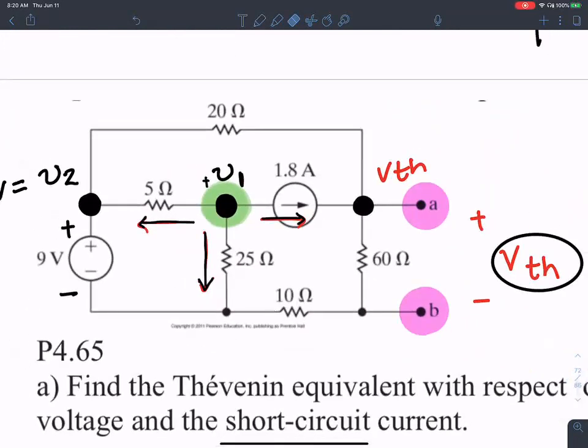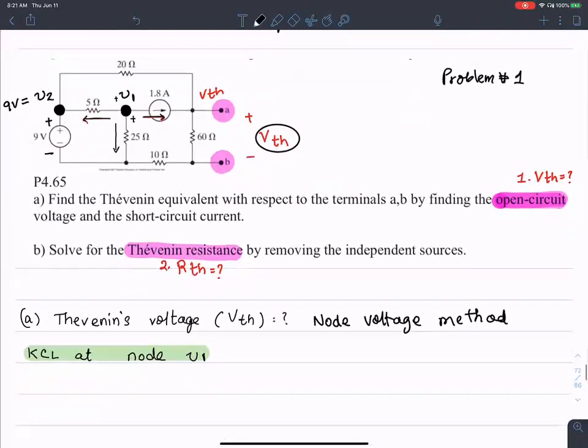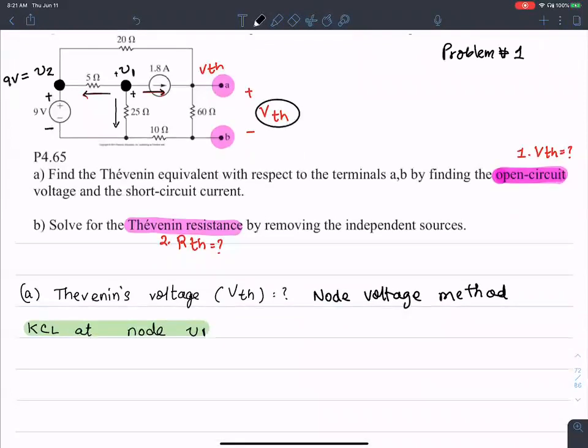I assume that all the currents are leaving the node and it will lead me to a consistent solution later. So I'm going to assume that V1 is at a higher potential, positive, and all other nodes are negative with respect to V1 at this particular step. Okay, that makes sense. Thank you. So anybody wants to give me the KCL at node V1?